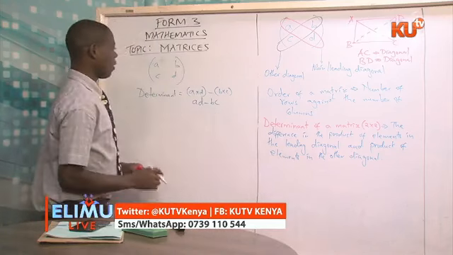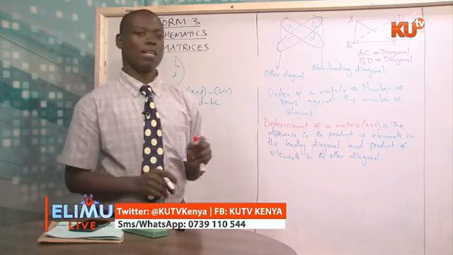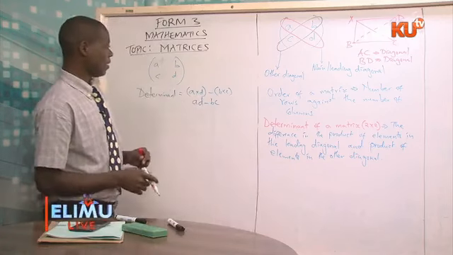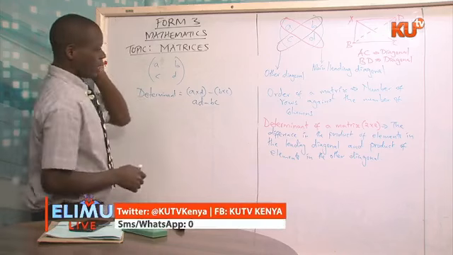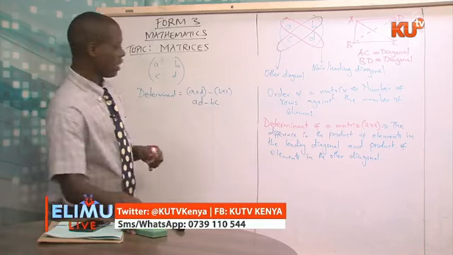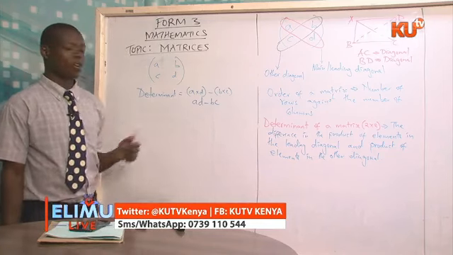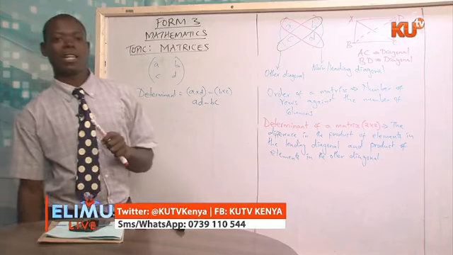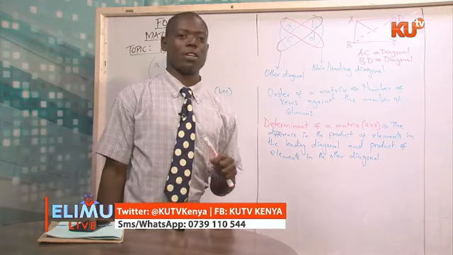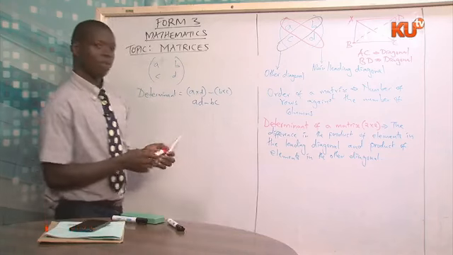This is our determinant for this matrix. The determinant will be AD minus BC. So if you are given a question to determine the determinant of a matrix, all you need to do is multiply the elements in the leading diagonal and then multiply the elements in the other diagonal, get the difference, and you will be able to obtain the determinant.